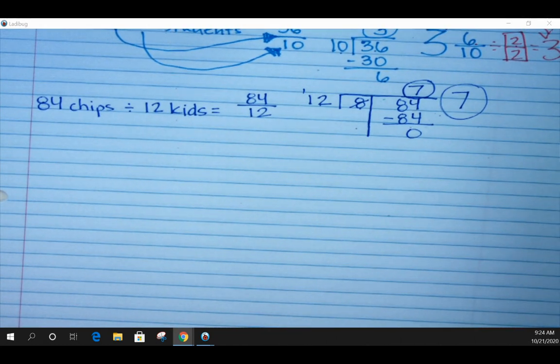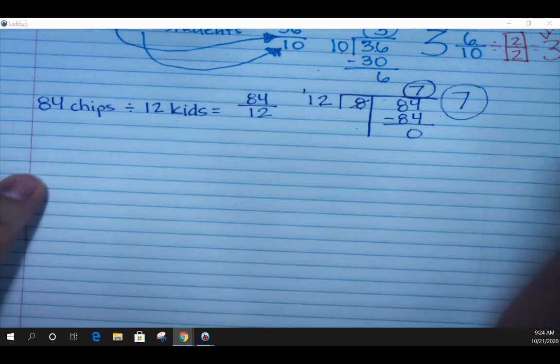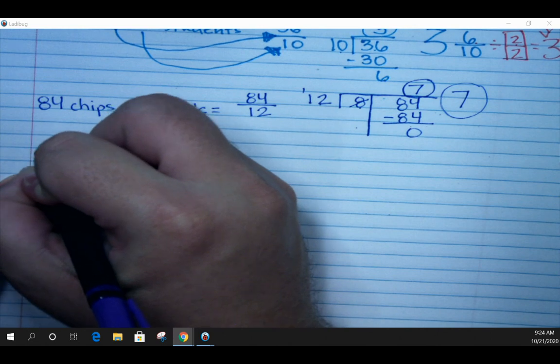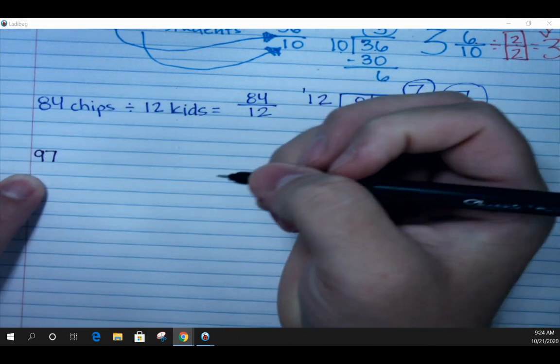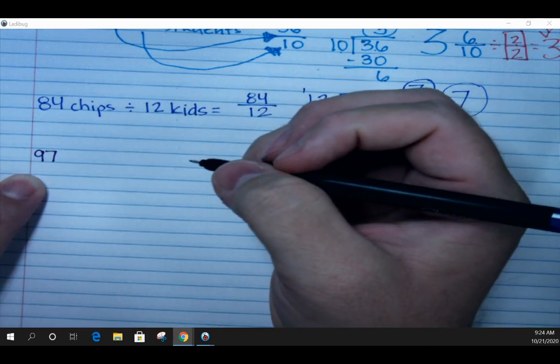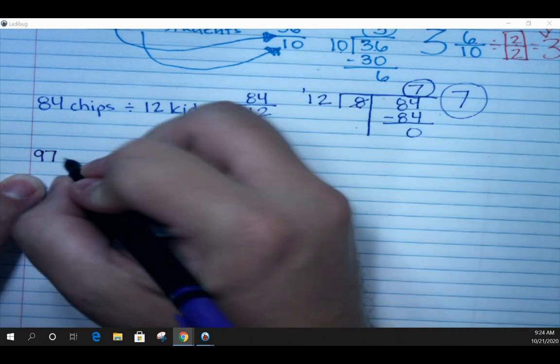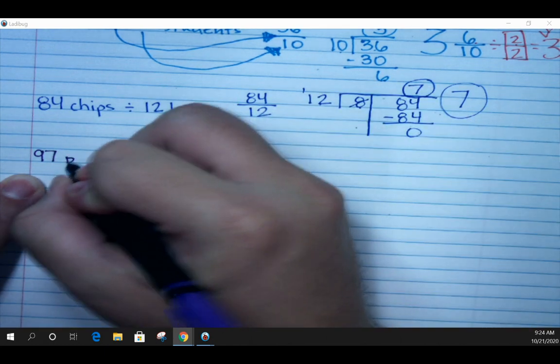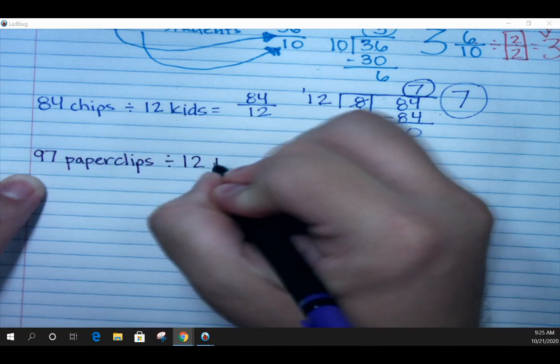Okay, what if I said 97 paper clips divided by 12 teachers?